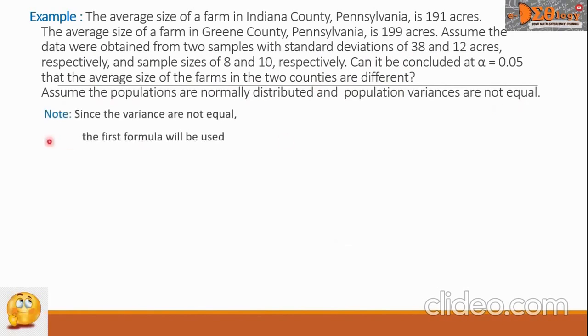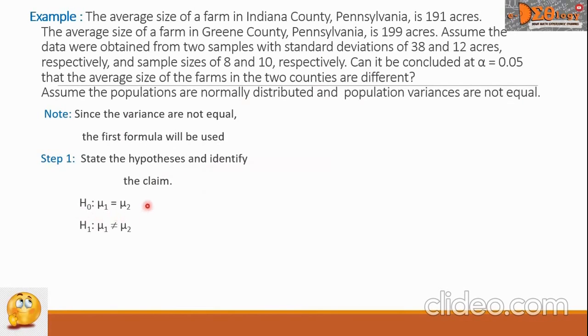To solve this, first we should note that since the variances are not equal, the first formula will be used. Step 1. State the hypotheses and identify the claim. We write here H sub 0. This is the null hypothesis. Mu sub 1 equals mu sub 2.